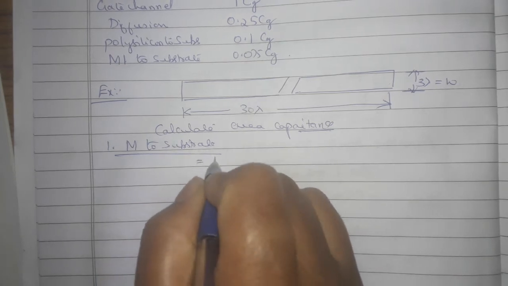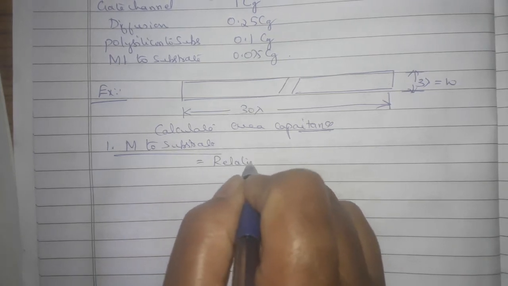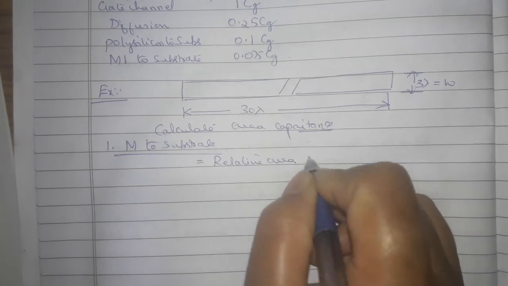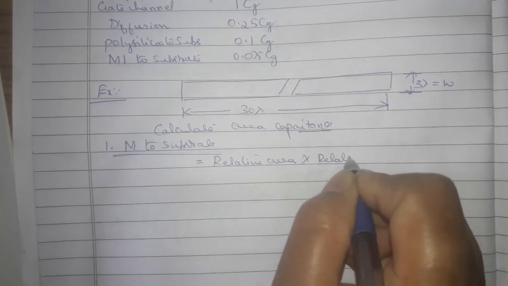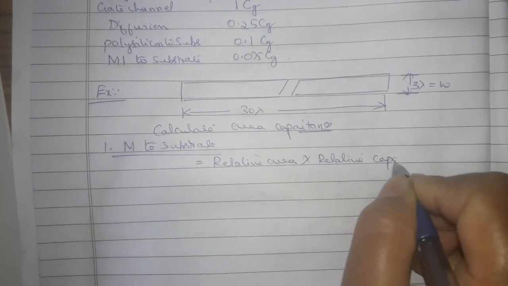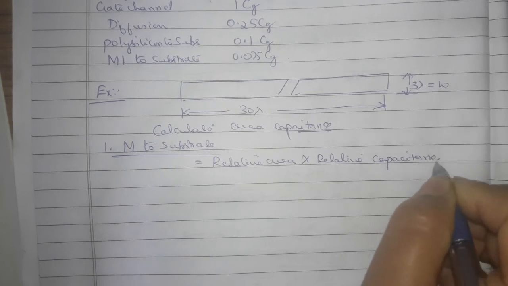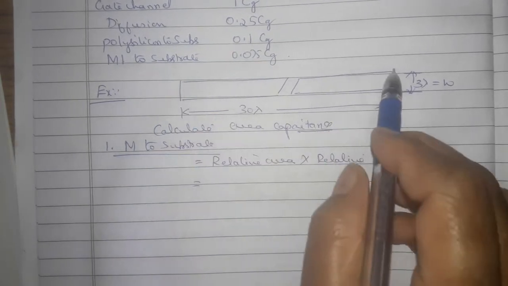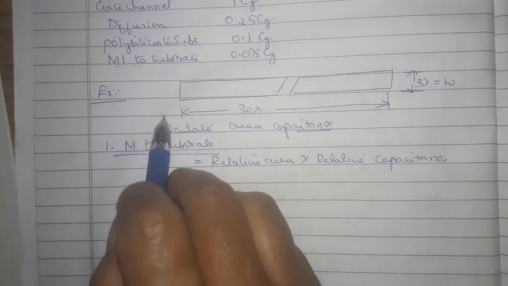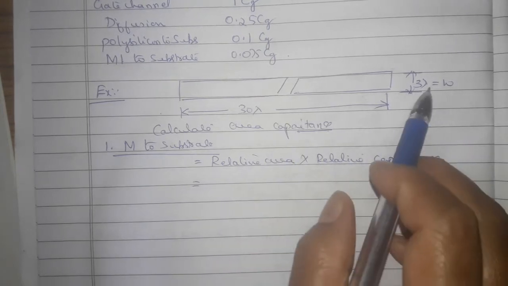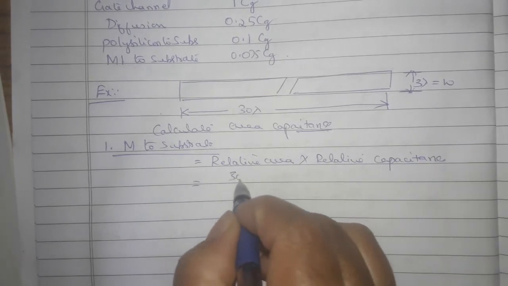It is found by the formula relative area into relative capacitance. How do we find the relative area? This is a rectangular block, so the area is length into width, that is 30 into 3 lambda.